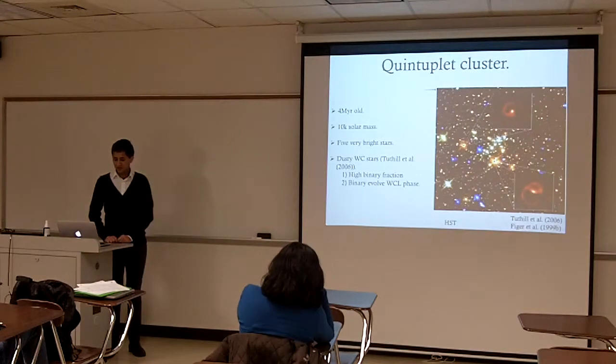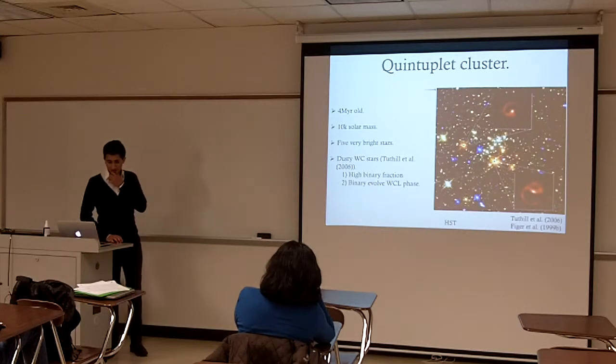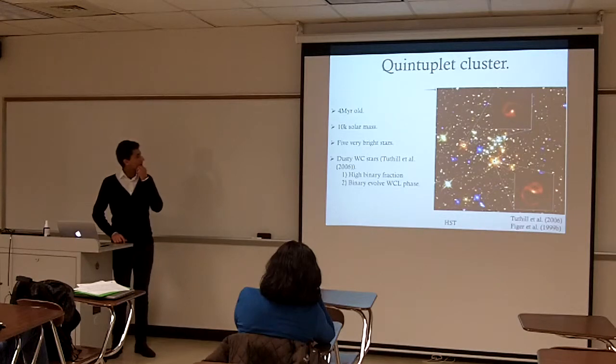Next is the Quintuplet cluster. Compared to the Arches and the central cluster, the Quintuplet cluster is still young, at 4 million years old, with 10,000 solar masses, and it's known for its five very brightest stars.